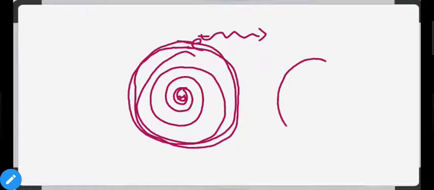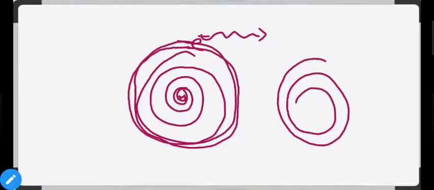That means the actual orbit of the electron should be like this, a spiral, and finally it will meet the nucleus. And from this starting point to this ending point, according to calculation, it should take only 10 raised to minus 8 seconds. That means it is a very small number.